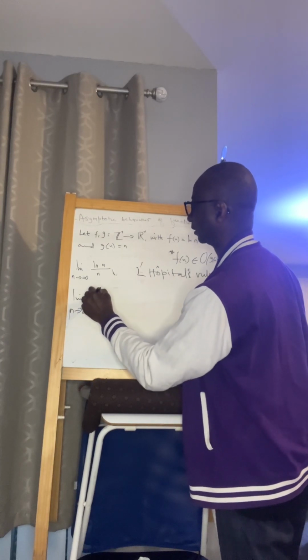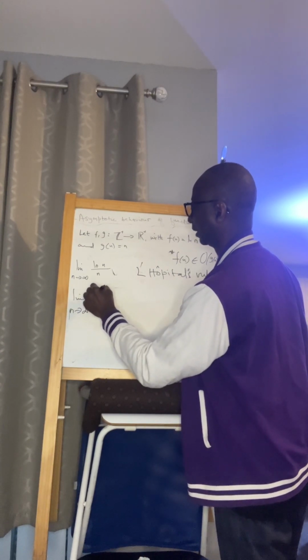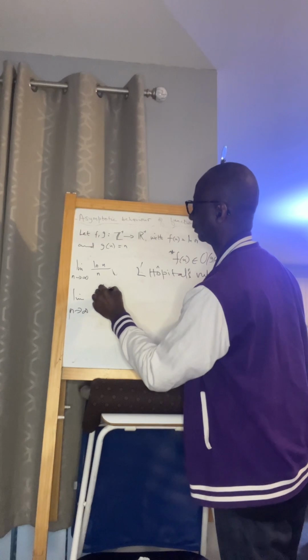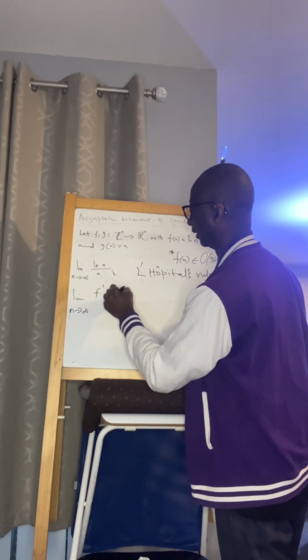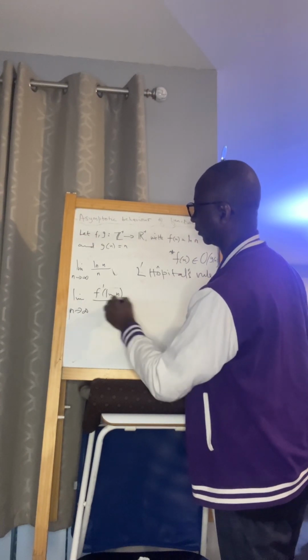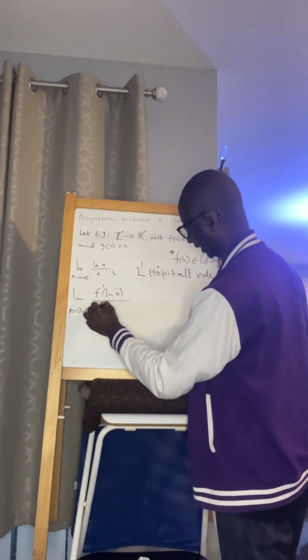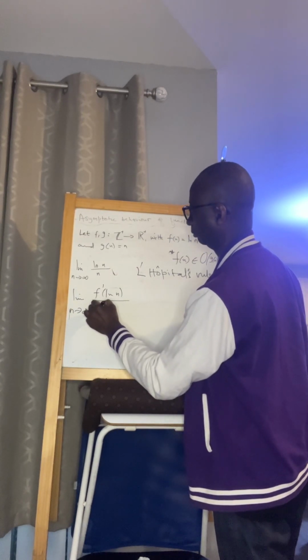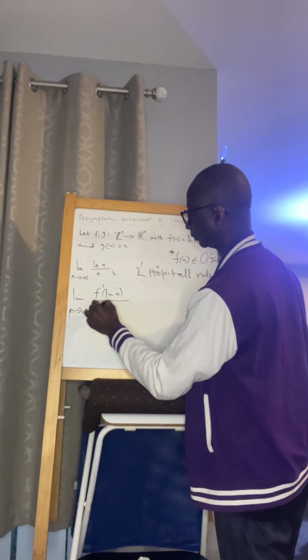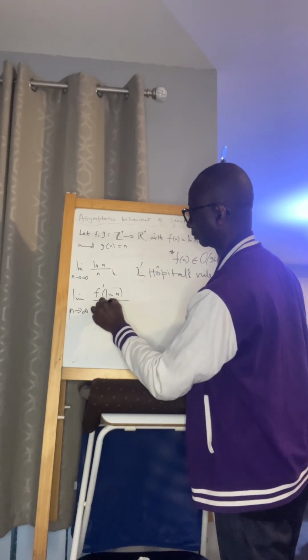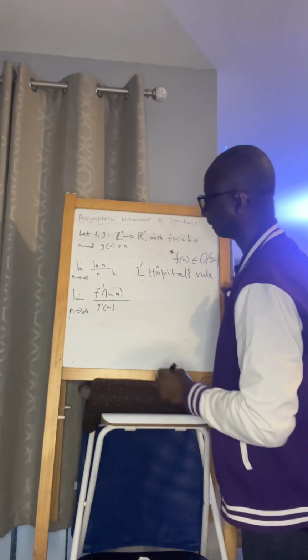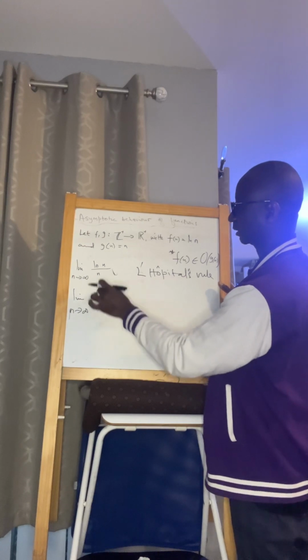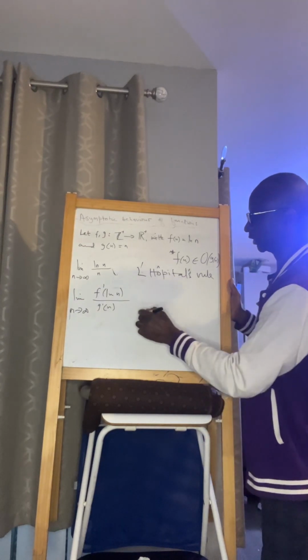Let's do it here. Let's say f of n is ln of n, and you differentiate this. When you see this apostrophe, it means we are differentiating.